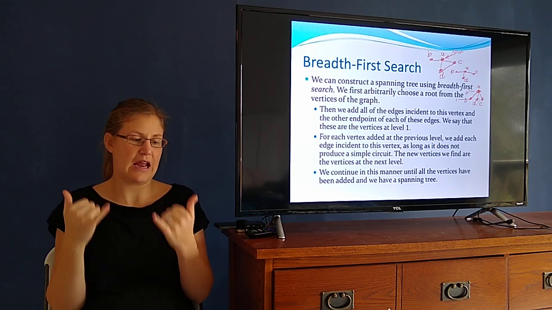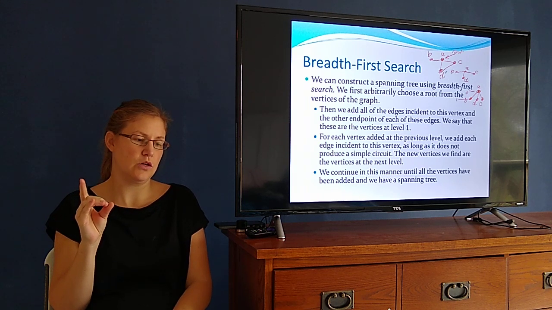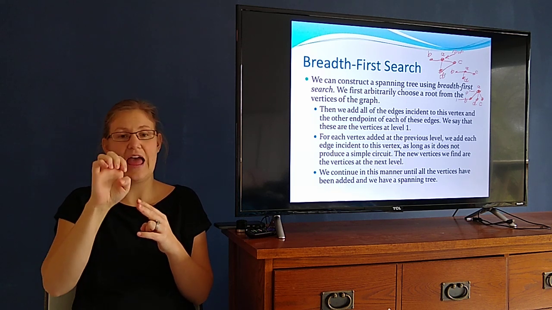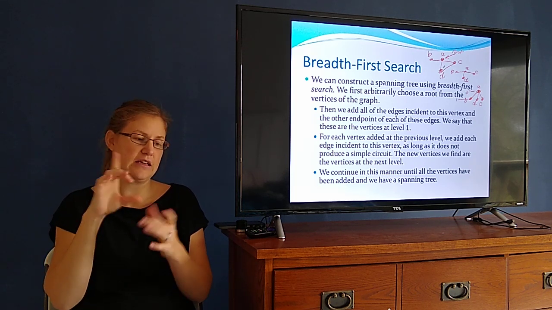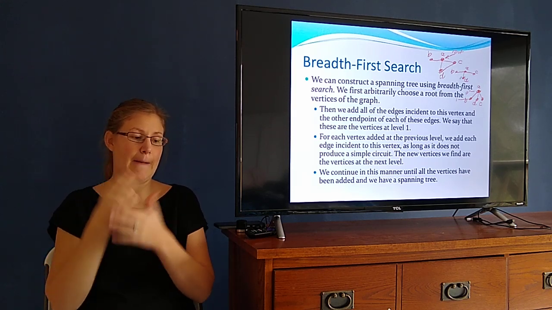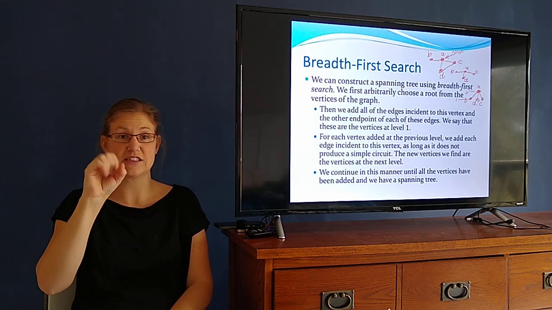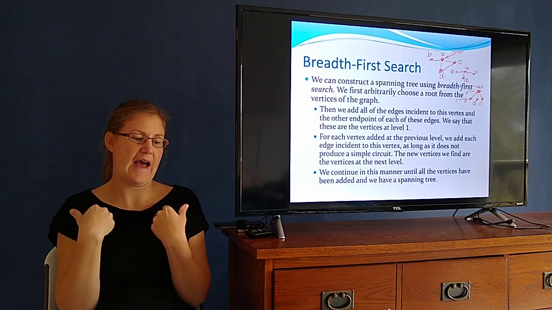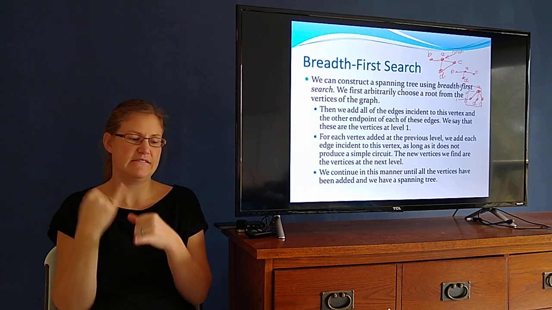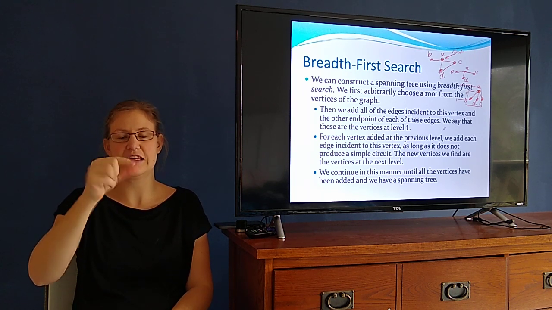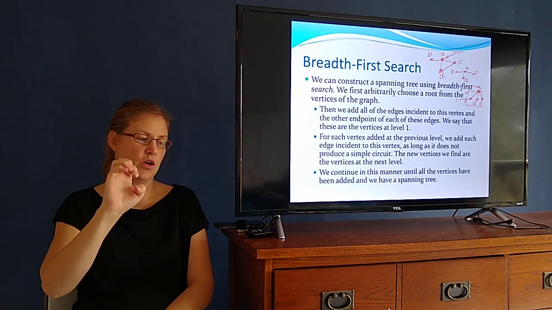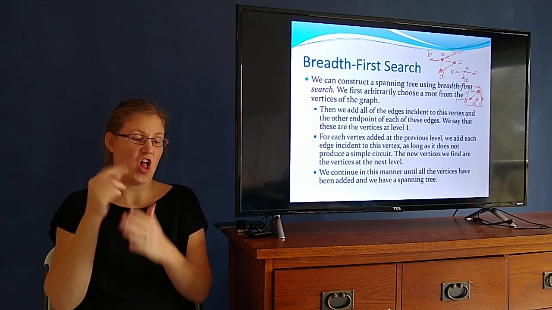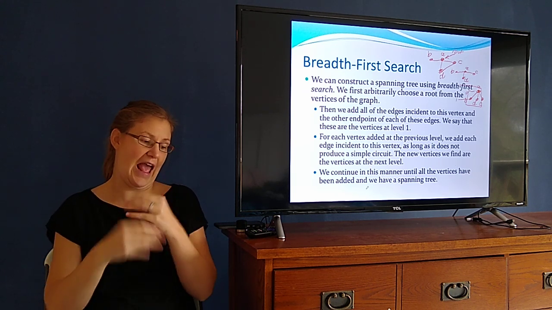Now let's go to D. There are two edges incident to D that are connected to A and C, and both of them are discovered, so we don't need them. We see the same situation for the rest. So we have this final spanning tree constructed using breadth first search. We continue in this manner until all vertices have been added and we have a spanning tree.